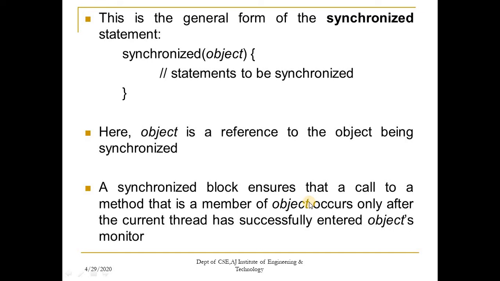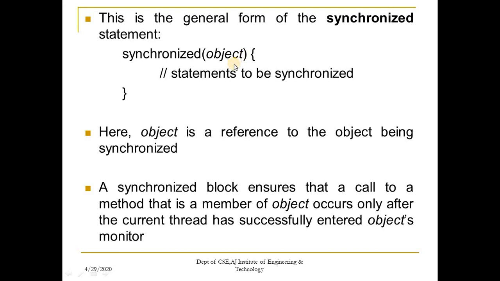A synchronized block ensures that a call to a method that is a member of the object occurs only after the current thread has successfully entered the object's monitor. Okay, so a synchronized block ensures that a call to a method which is a member of this object occurs only after the current thread has successfully entered the object's monitor.